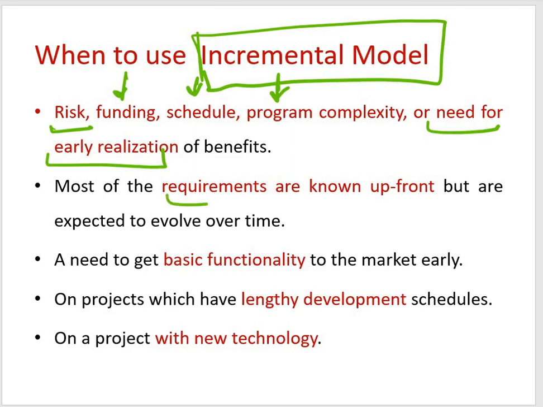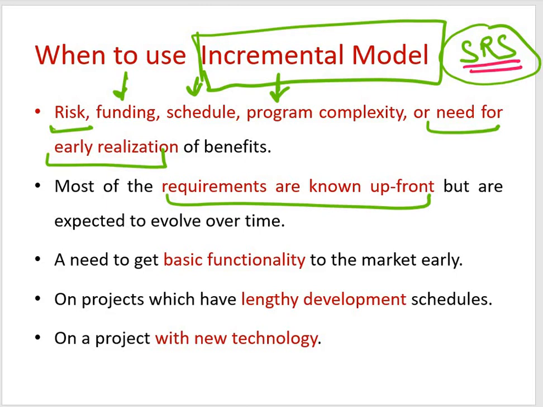Most of these requirements are known upfront because, as we have discussed several times, all these requirements will be bundled under the SRS document. So in that case, I know all these things upfront. I have the SRS, so all my requirements are known well in advance.